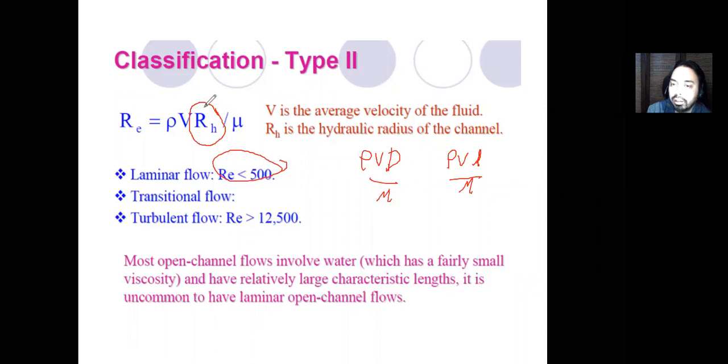While in open channel flow, we use the hydraulic radius of the channel, where R_H is defined as the area divided by the wetted perimeter. So if you have, for example, something like this, the flow is going in this direction. Then you have the area here, and you have the wetted perimeter as the perimeter over here.